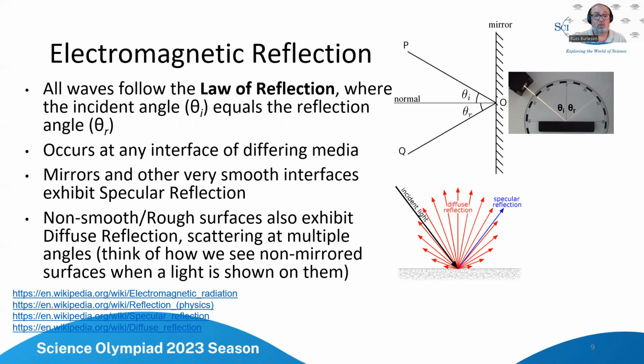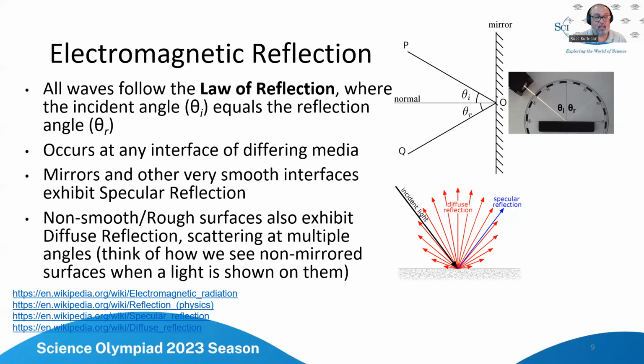And so, one of the few laws that we have here is called the law of reflection. And what that says is that if we look up here, and we'll use theta quite a bit when describing angles. Okay, so theta sub I, the incident angle, is always going to be equal to the reflection angle, or theta sub r.